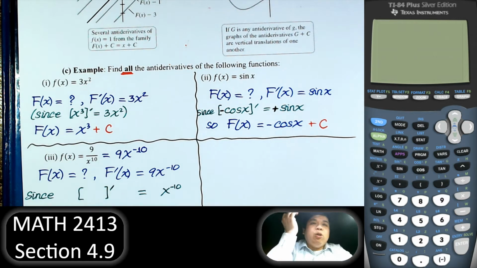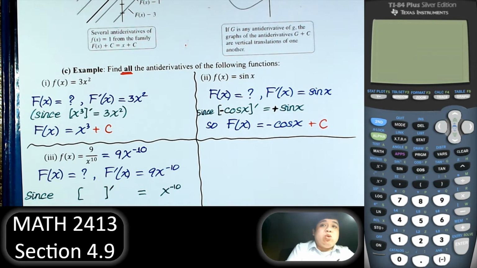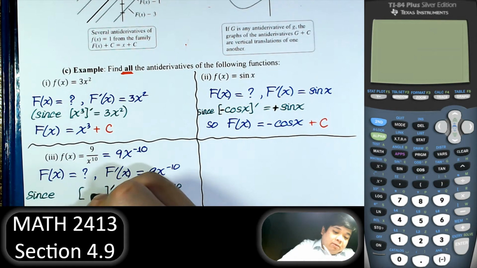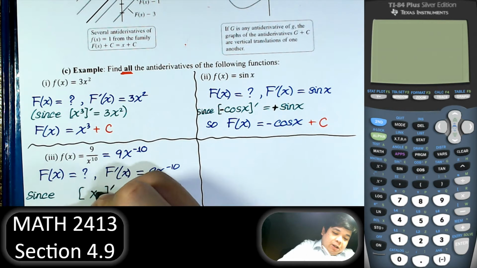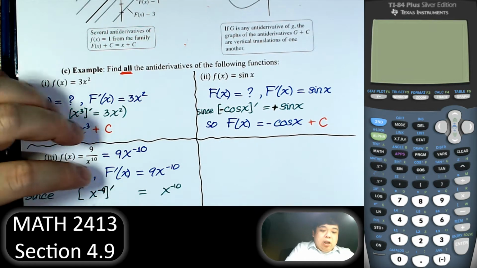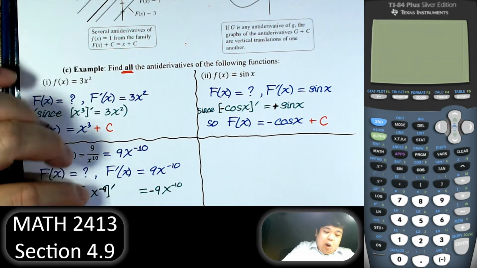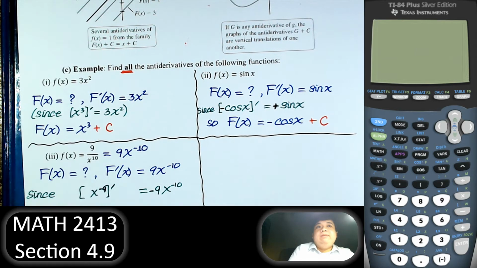So in the rules of derivatives, when we take the derivative, we take down the power and the original power minus 1. So we have to start with one more power. When we take the power down, original power minus 1, right?